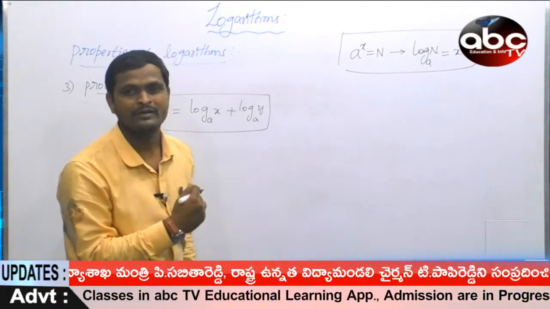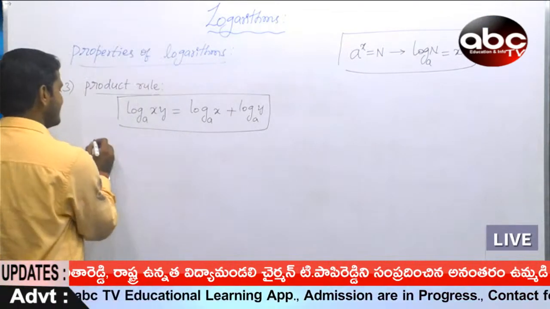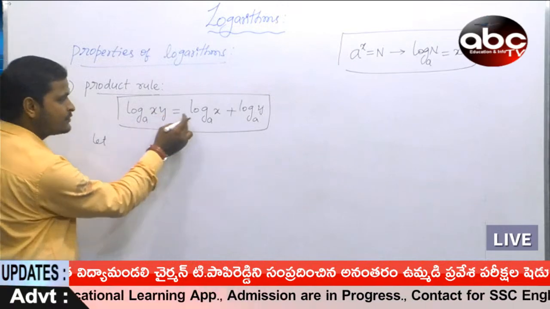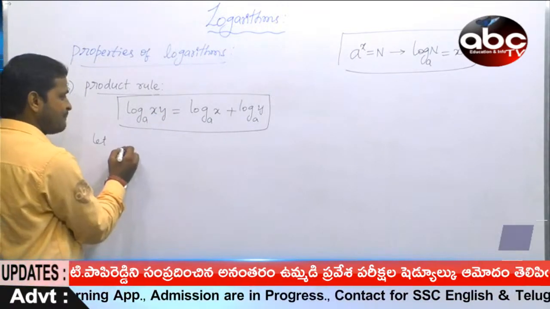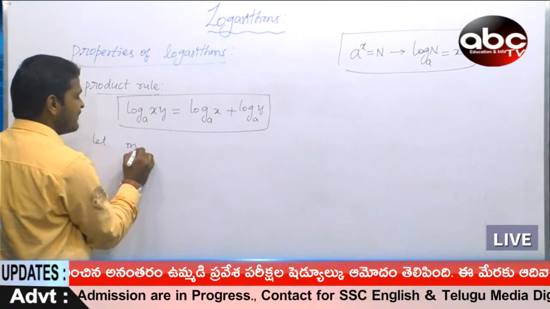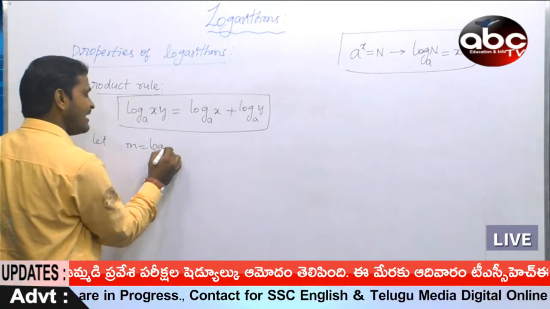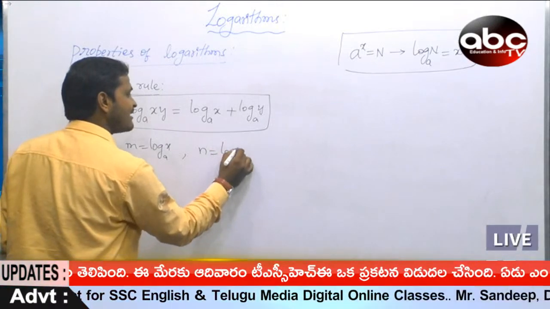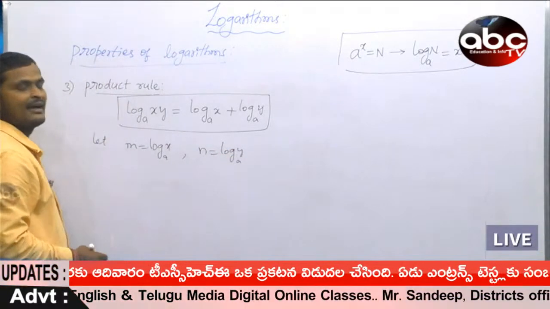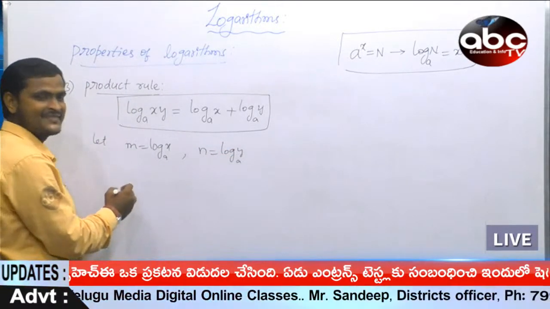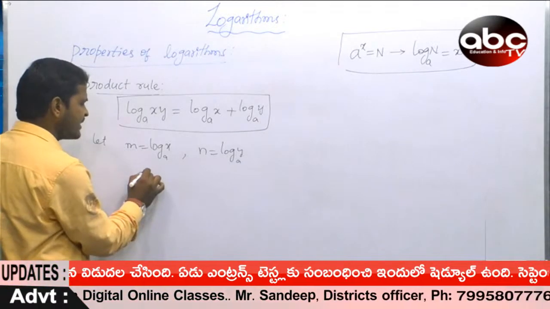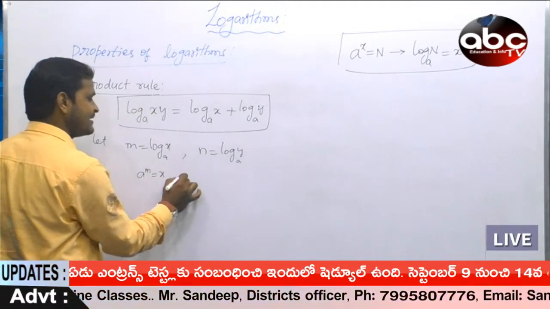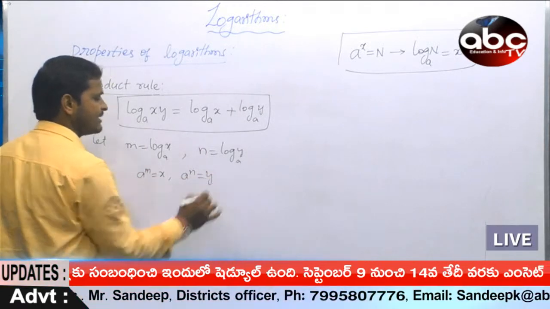You need proof? Okay, let's see how to prove this one. Let m be equal to log x base a and n be equal to log y base a. Then we have a power m is equal to x, a power n is equal to y.